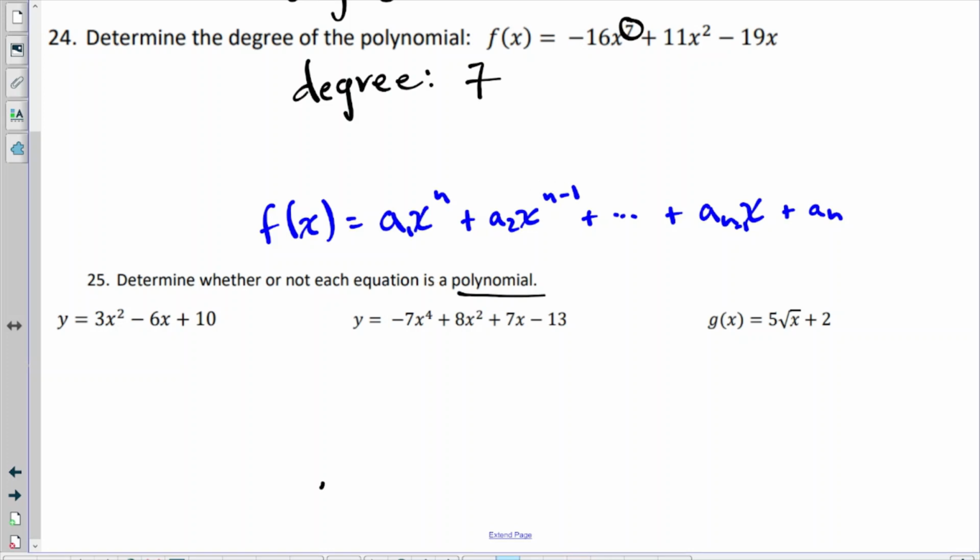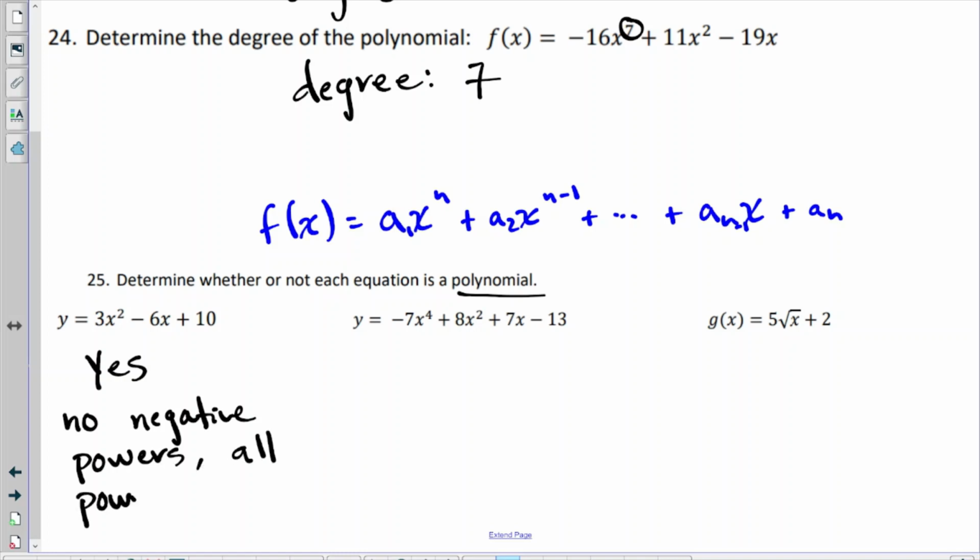So in this case, this one is yes, because there are no negative powers and all powers are whole numbers. Okay, same thing here. This is a yes for the same logic.